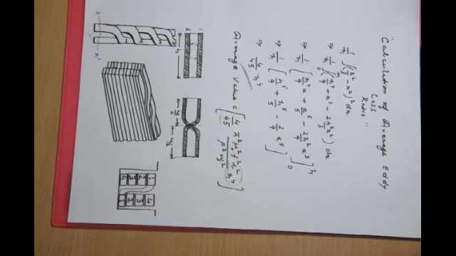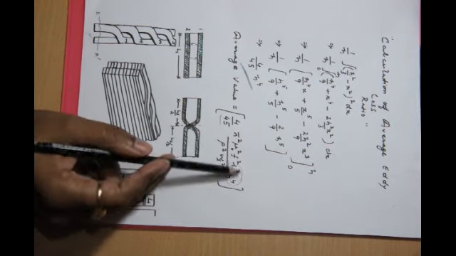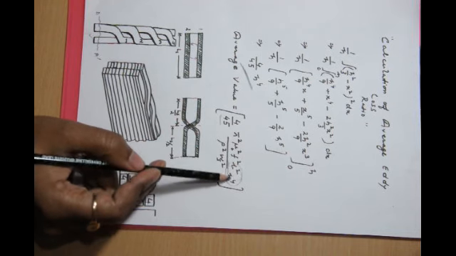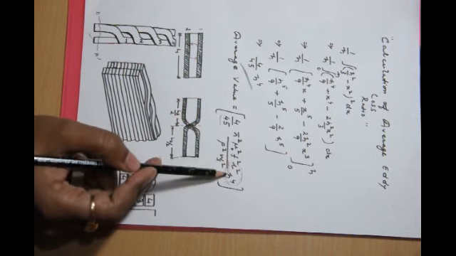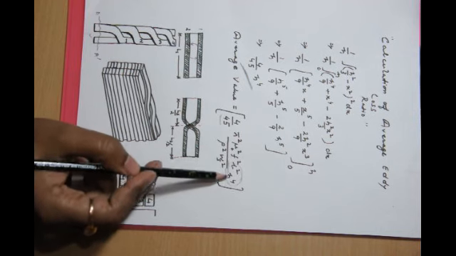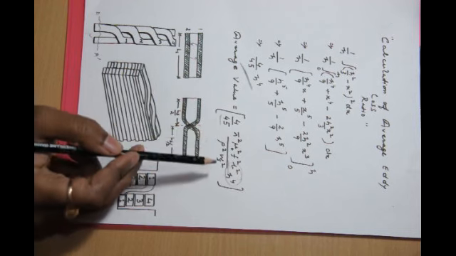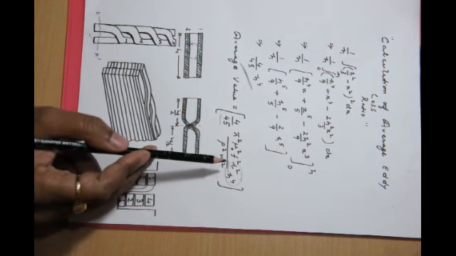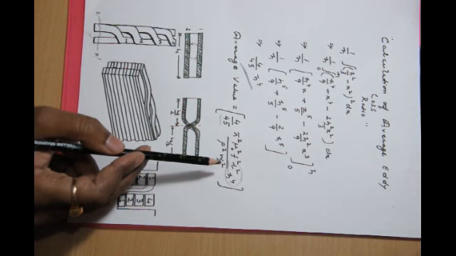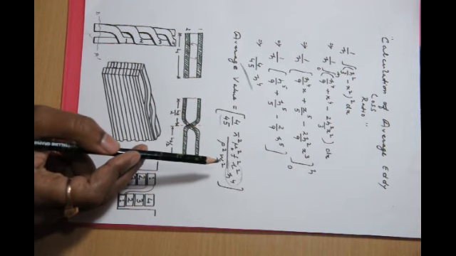Now you can see the average value of eddy loss ratio is directly proportional to the square of the cross-sectional area of the conductor. So to reduce the losses, we have to reduce the cross-sectional area of the solid conductor, which is not possible because to maintain a certain ampere rating, we can't reduce the cross-sectional area.